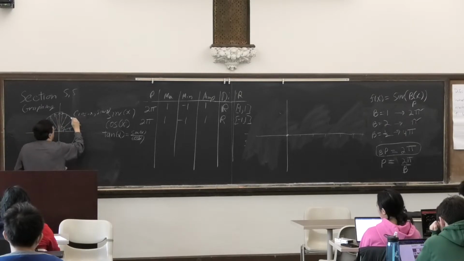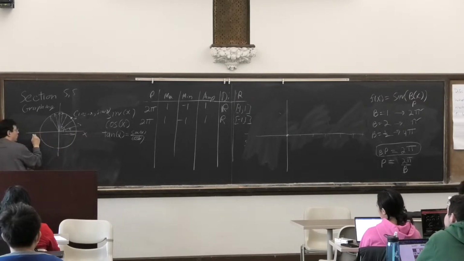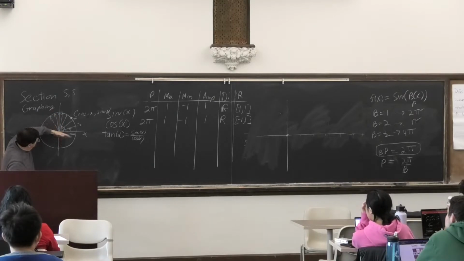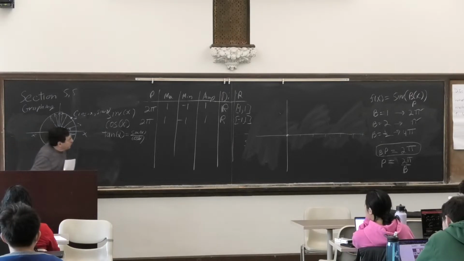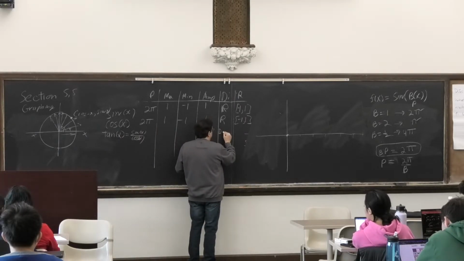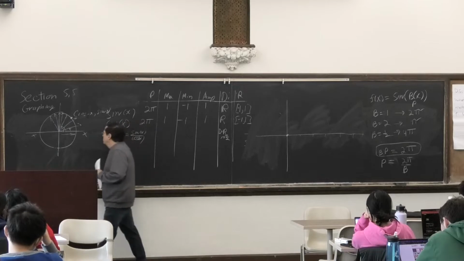Where does the x coordinate, that's along the x-axis, become 0? At what angle? 90 degrees or pi over 2, right? So the domain, I'm not going to squeeze it in here with reals, but not equal to pi over 2, that's one of them.